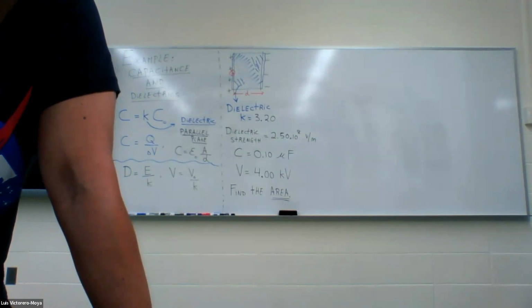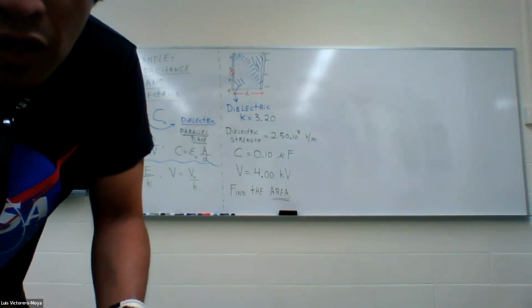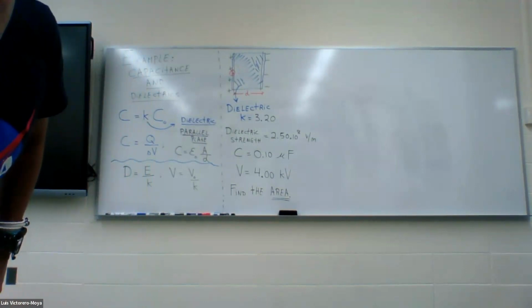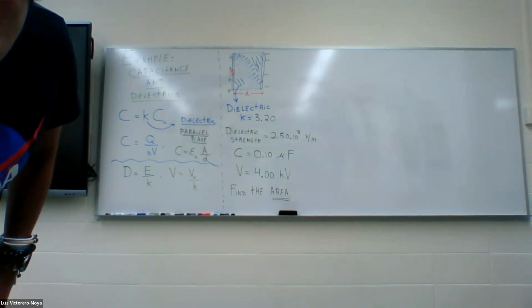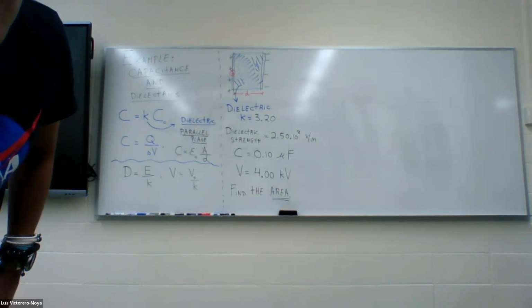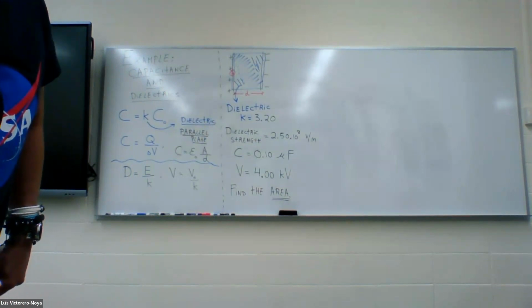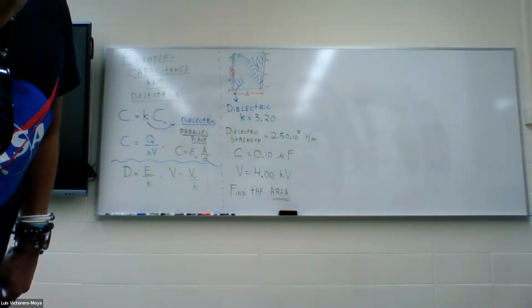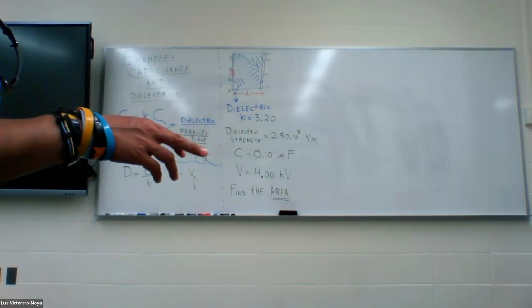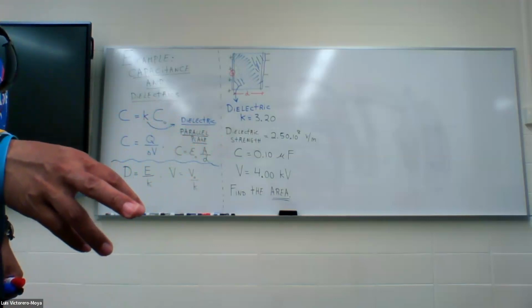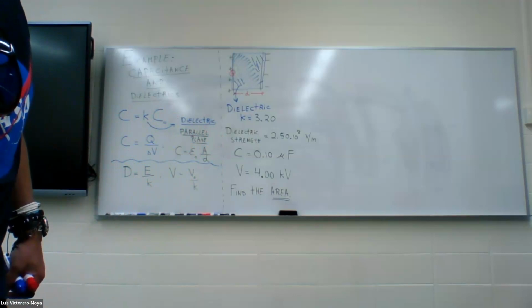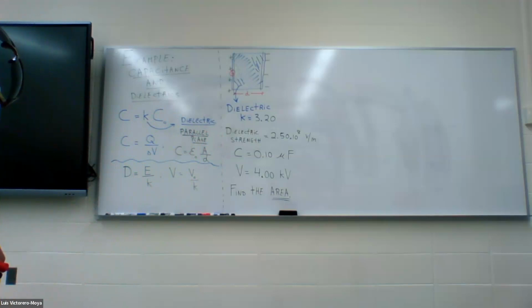Okay, so I wrote some of the equations that we went over last class, the equation for a capacitance and the relationship between the capacitance when you introduce the dielectric. Remember that the K value in this situation is the dielectric constant. It's not Coulomb's constant, okay?